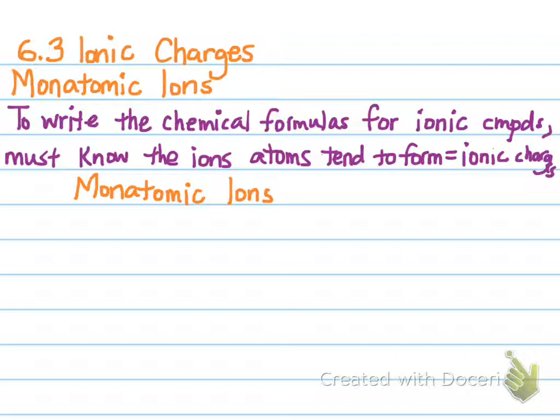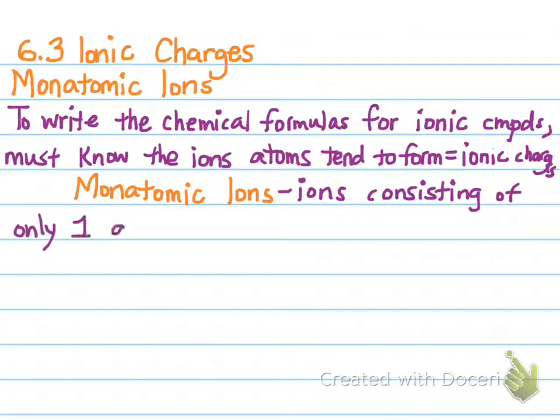So, monatomic ions are ions consisting of only one atom. And for these, for the most part, you will use the periodic table.